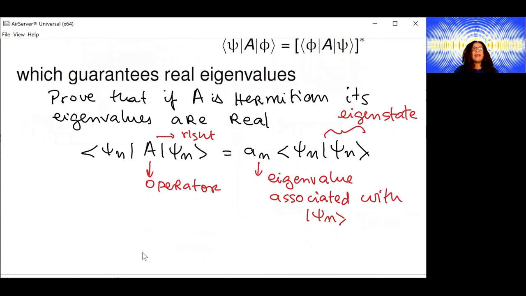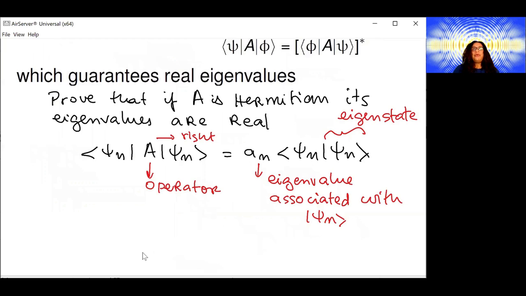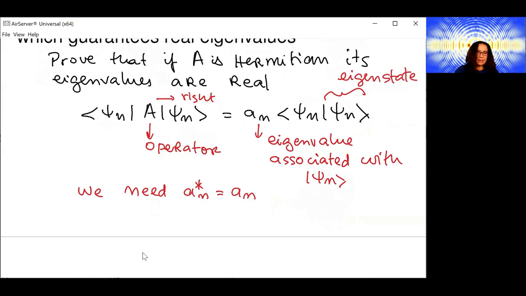Okay, so we want to prove that if A is Hermitian, a n star is equal to a n, because this is what is going to guarantee reality. Correct?